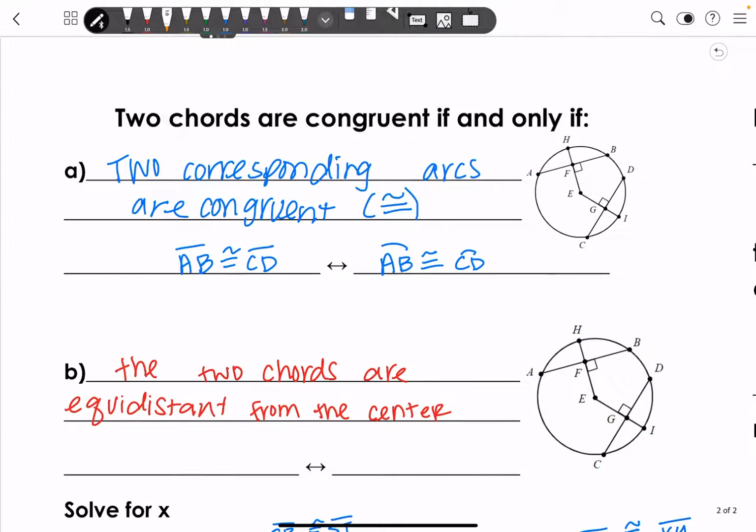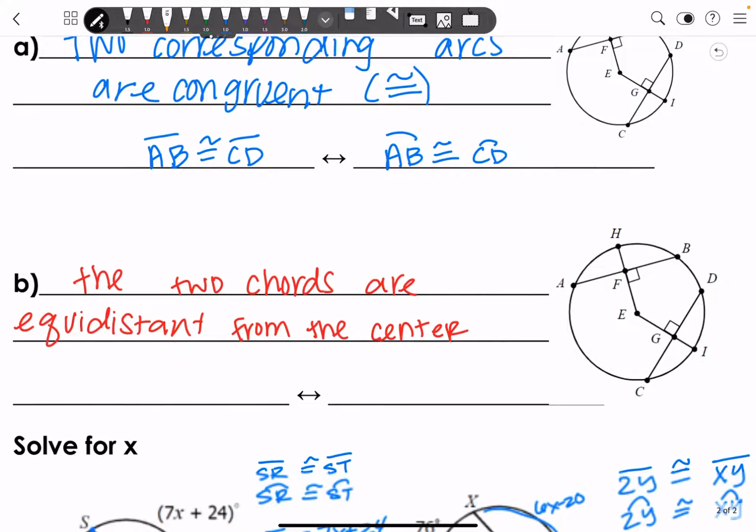Now let's talk about the second theorem right here. Two chords are congruent if and only if the two chords are equidistant from the center. So, if we're looking at this, AB is congruent to CD right here.